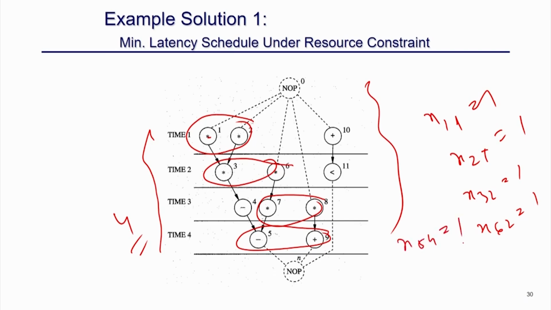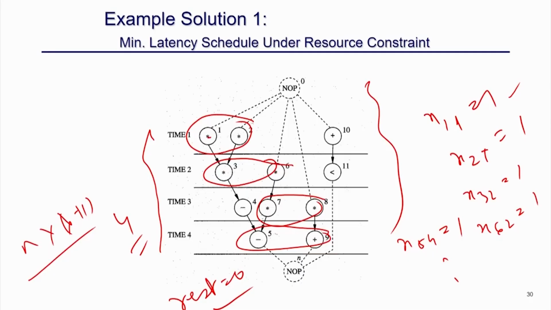You can see I defined n into lambda number of variables. Out of these, for each operation only one of them will be 1, and the rest will be 0, right. This is how the solver will give you the solution. These are the variables that are 1 and the rest of the variables are 0, right. This is what we will get, you understand, right.